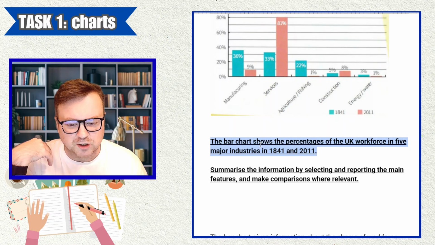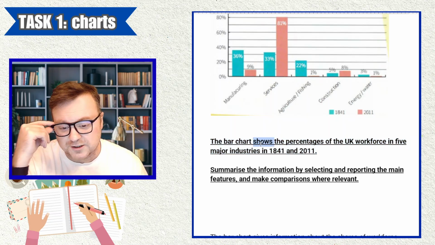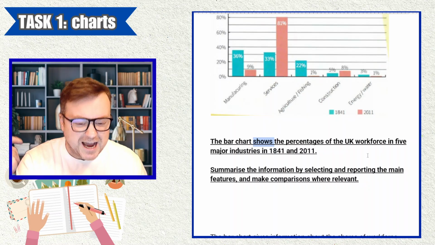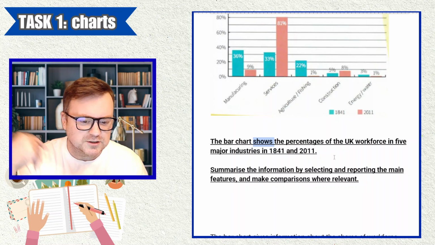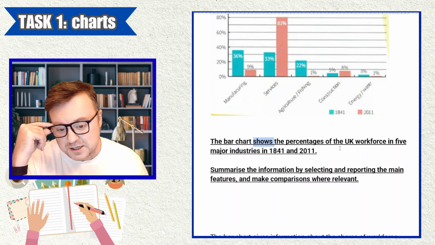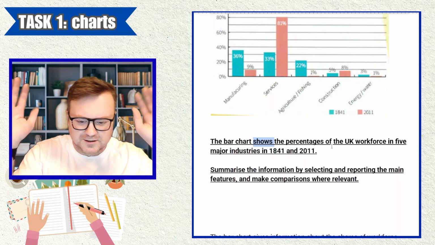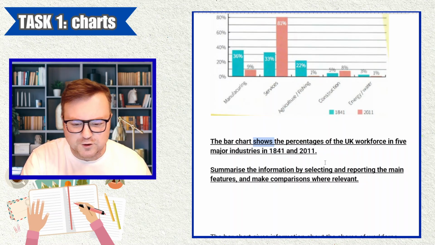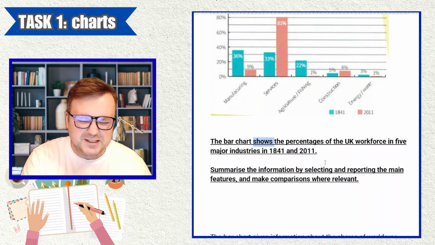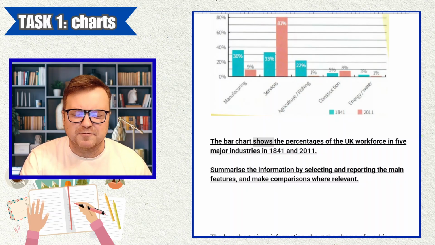So instead of the bar chart shows, okay, the bar chart gives information about how many people in the UK workforce worked in 5 different industries. The first set of data gives information about 1841, while the other talks about 2011 or something like that. Any type of mechanical paraphrase.